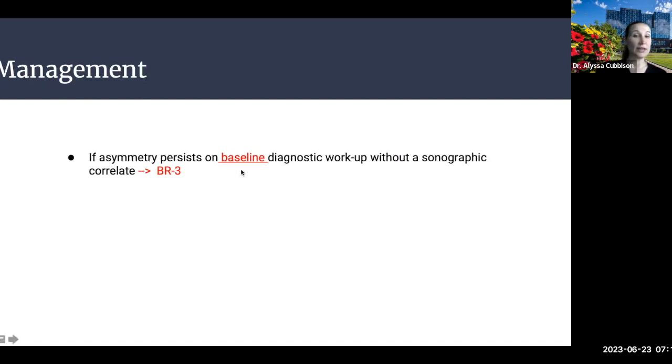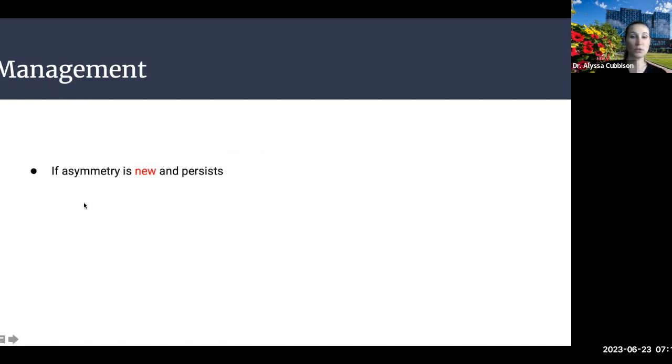Now, I did underline baseline because a key distinctive feature here is that this is the first exam. So moving on to our next clinical scenario, if the asymmetry is found to be new and it persists, so we have priors, it wasn't there before. Technically, according to our literature, we do BI-RADS 4 for these, and BI-RADS 4 means we biopsy it.